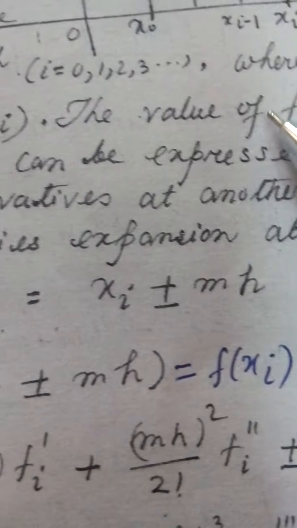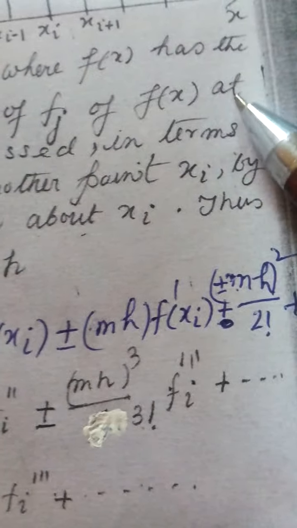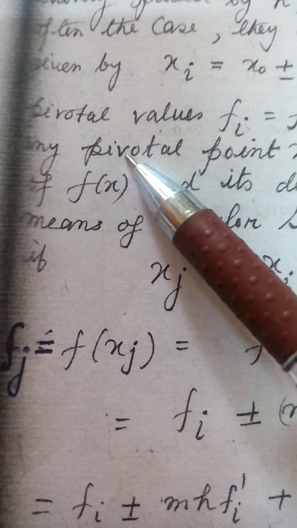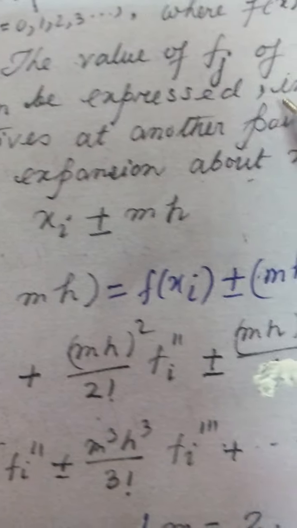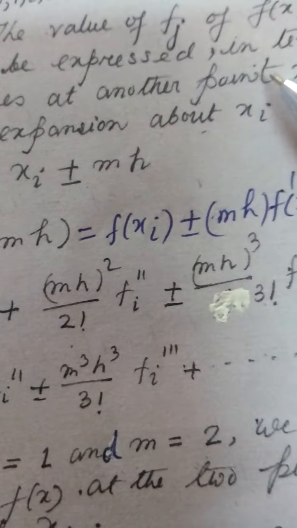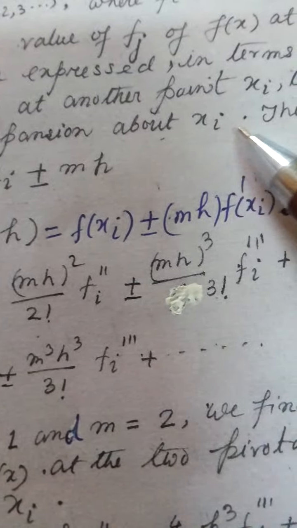The value of fj, the value of fx at any pivotal point xj, can be expressed in terms of fx and its derivatives at another point xi by means of Taylor series expansion about the point xi.